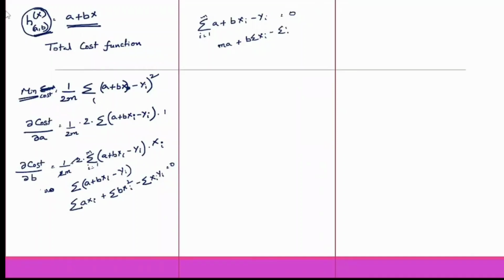So you can very well try to arrive at finding out the value of b. And here also, now you have a kind of a linear equation in a and b. You can very well solve them.